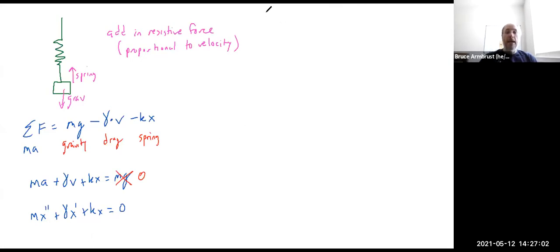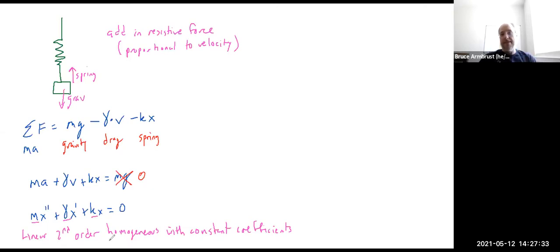And again, we get a linear second order equation. This time it's homogeneous, and I'm going to add that it has constant coefficients, because m, gamma, and k are all going to be constants.